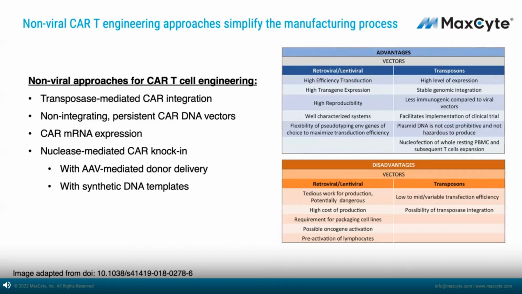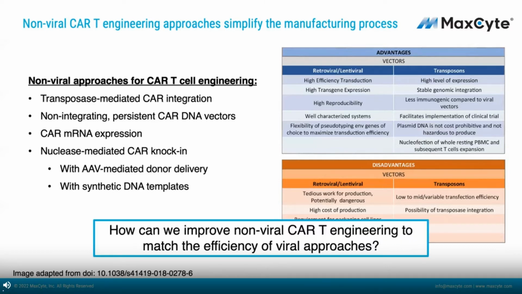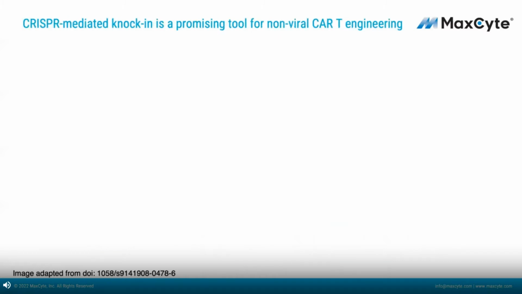And while this is specific to transposons, you can really apply both these benefits and negatives to any of the non-viral methods, which has groups searching for ways to improve non-viral CAR T engineering in a way that's able to match the efficiency of viral approaches. And one way groups are doing this is leveraging novel CRISPR-mediated knock-in techniques for non-viral CAR T engineering. And that's what the work I'll be talking about today focuses on.